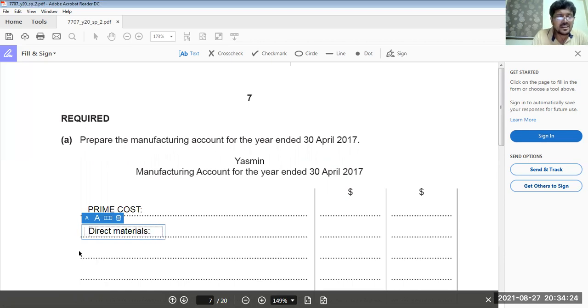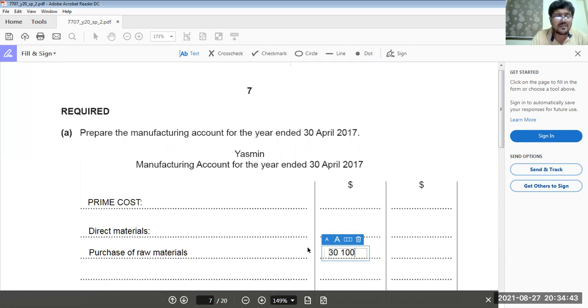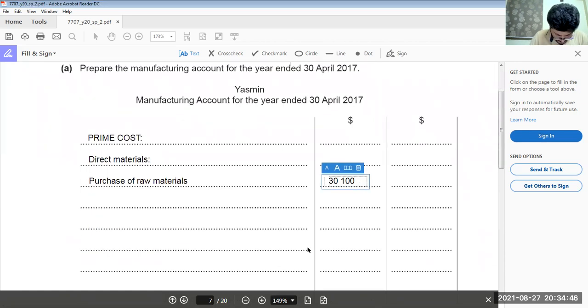And for direct materials, we will write purchase of raw materials. There is no opening inventory of raw materials because we started the business. The purchase is given here, and that is 30,000. We are not given carriage or anything, and there are no purchase returns of raw materials given in the question.